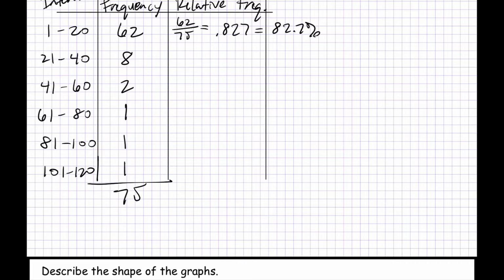Yes, so we're going to do them for each of them. We're going to divide each of them by 75. So 8 divided by 75. When I round, I get 0.107, which is 10.7%.